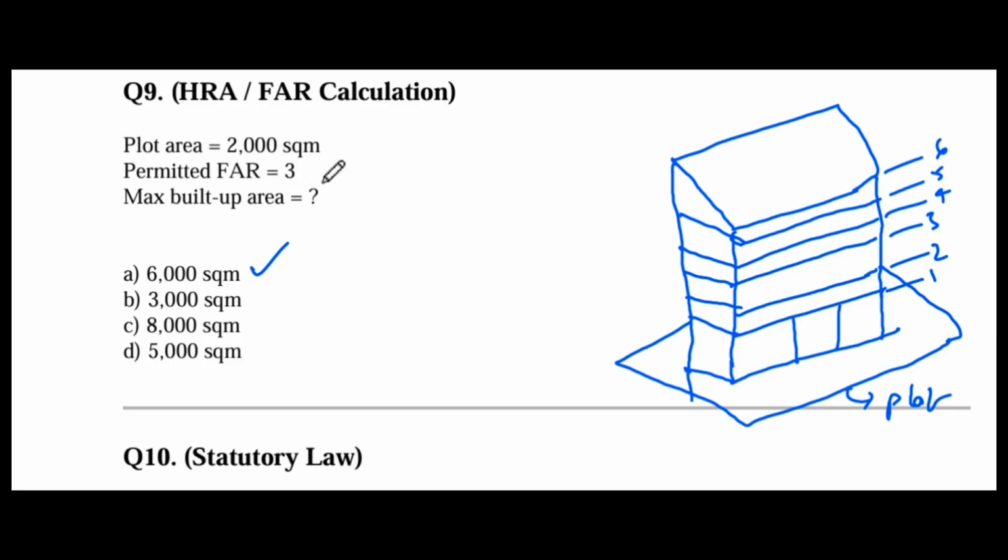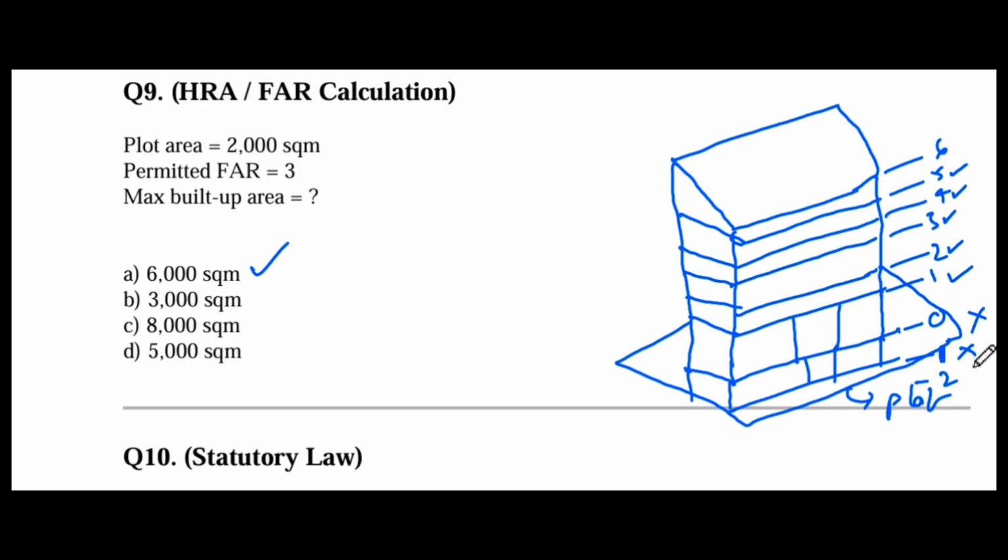FAR is calculated on these floors, number 1, 2, 3, 4, 5. Not 6 and not the 0 floor. The 0 is the ground level floor, that means the stilt floor. Suppose there are other floors below the ground level like cellars, floors -1 and -2.